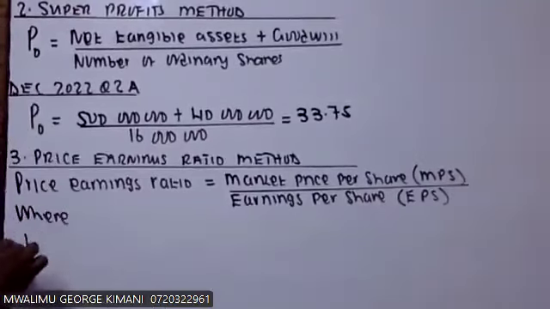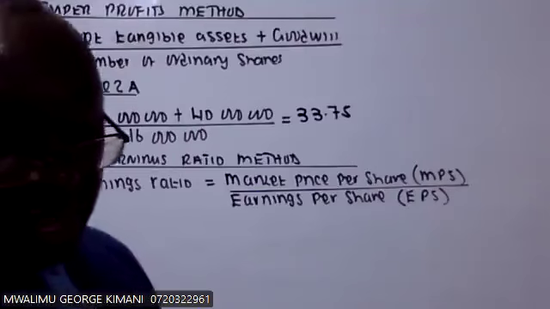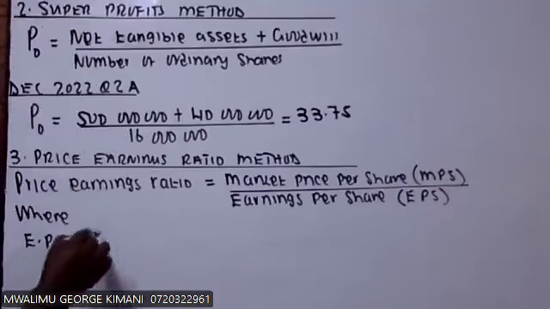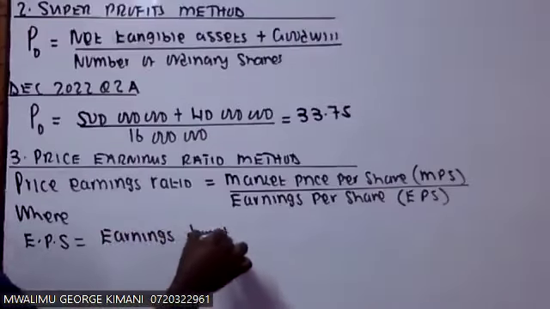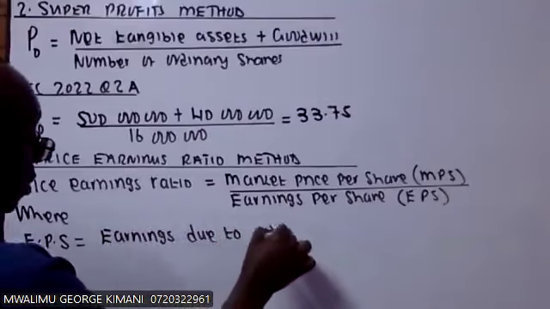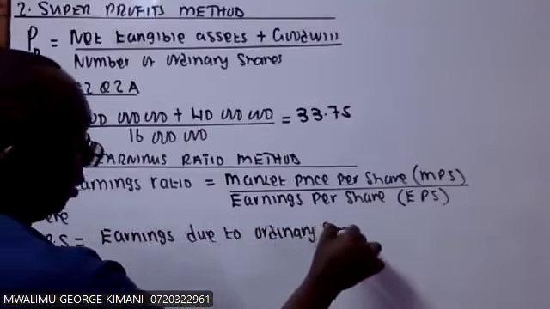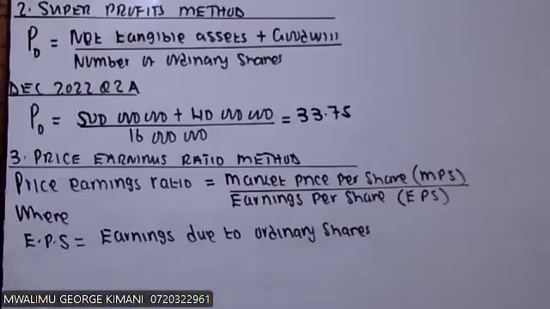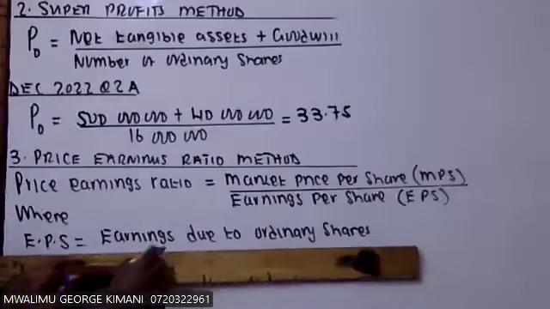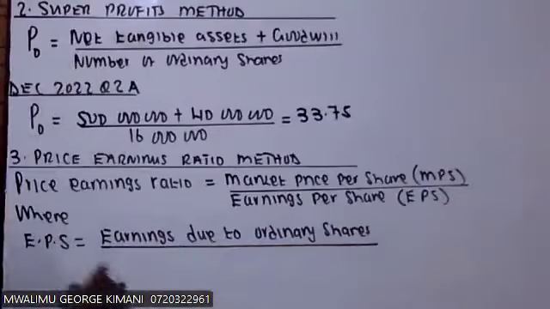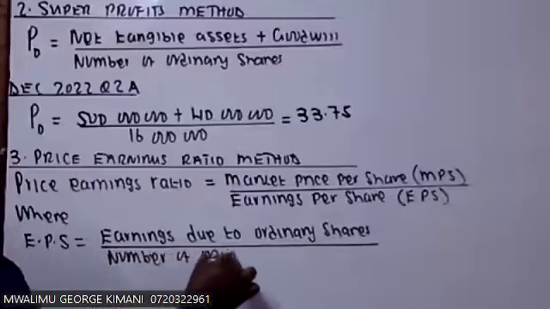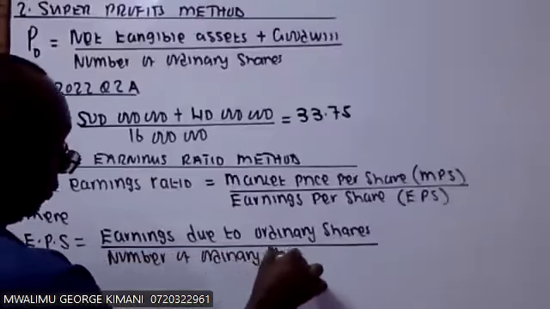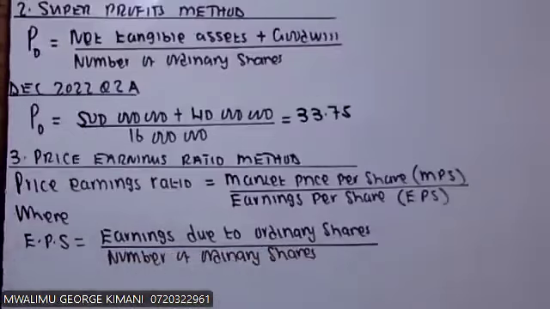Where EPS is earnings due to ordinary shares. You divide by the number of ordinary shares.